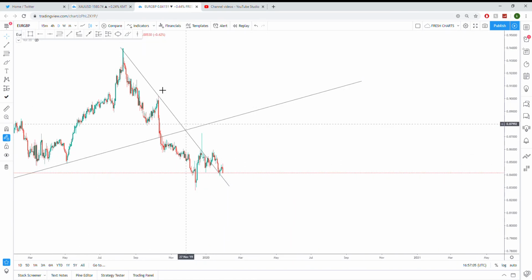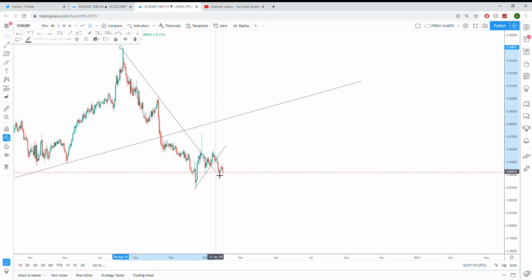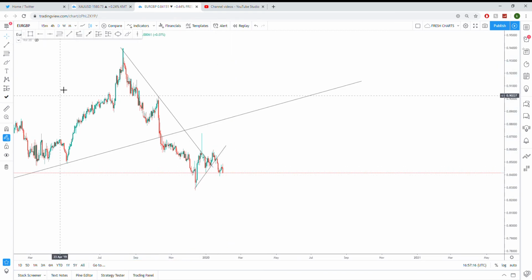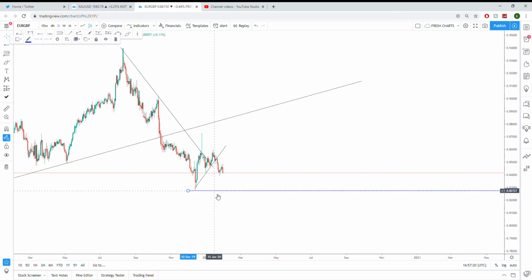We could be seeing this occur on a lower time frame like that, and this could potentially continue and test this low. So if the pound does strengthen, I will be looking for Euro GBP to come back down and test this level. This is roughly at 0.82746. So essentially it's just this low here.